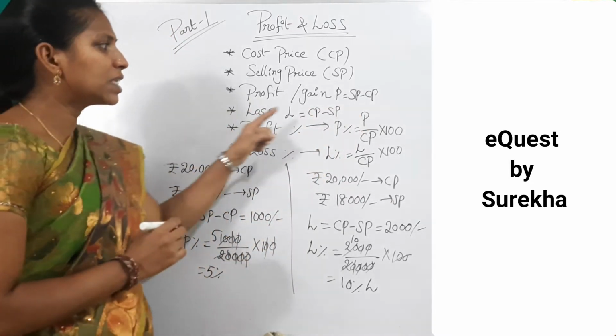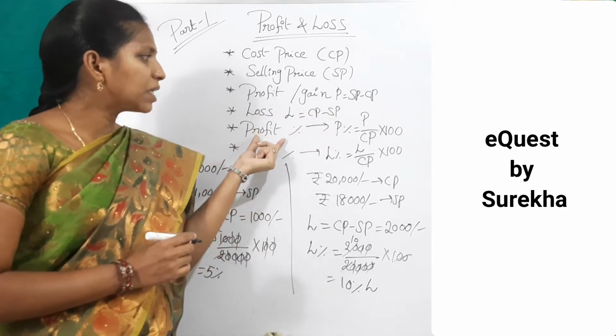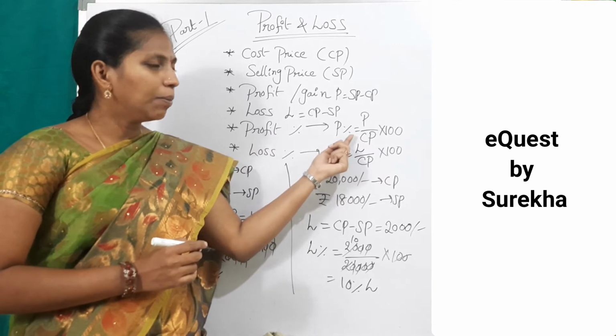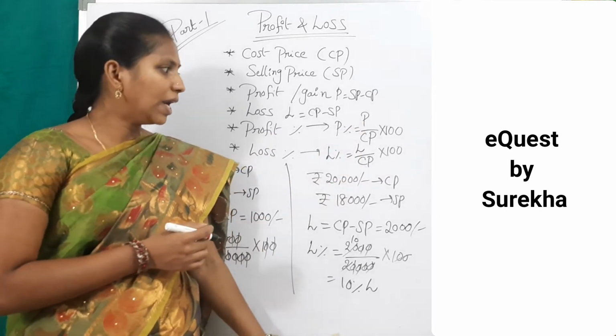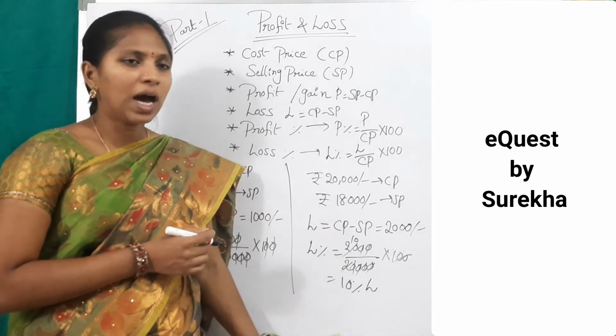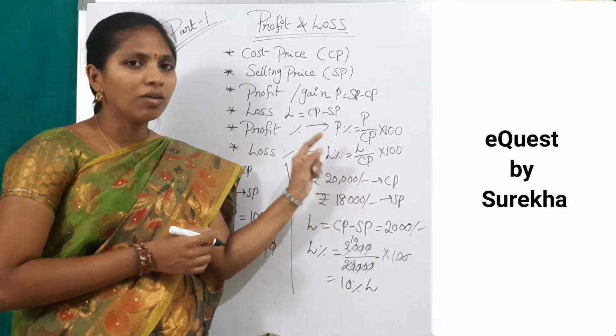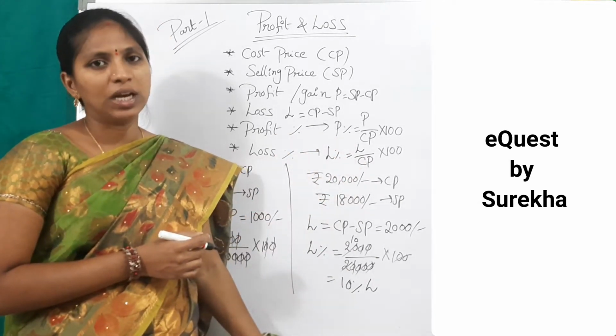If cost price is greater than selling price, then we will get a loss. Profit percentage equals profit by cost price into 100, and loss percentage equals loss by CP into 100. In the denominator we always have to take CP only, cost price only.